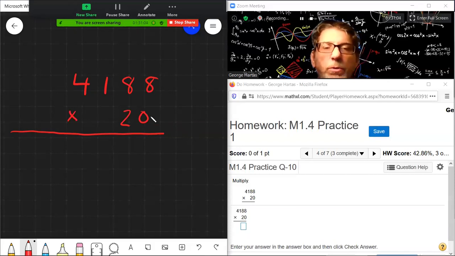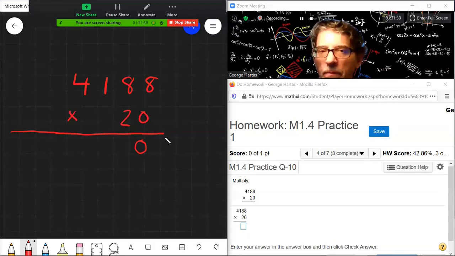Because we have a zero to the right of either of the numbers, or sometimes both numbers have ending zeros. We call them ending zeros. They're the last, rightmost digit. And we know that 0 times anything is 0. So what we'll do is say, I'm going to take this 0 and bring it down because I know that 0 times anything is 0.